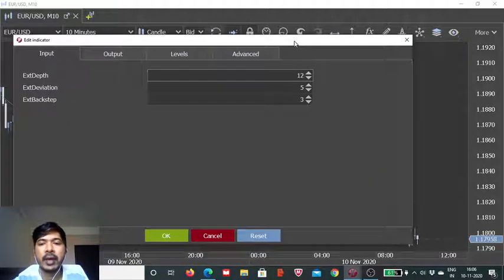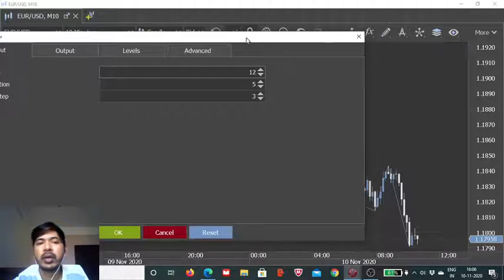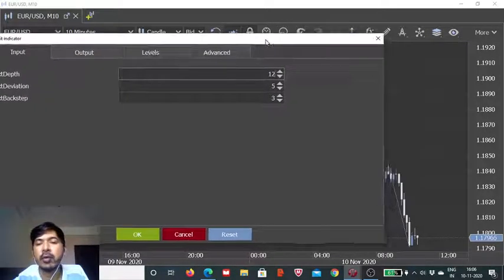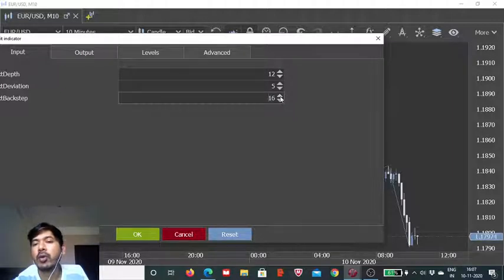Then comes the back step. Usually to keep the fluctuations low, we use this back step, where we retrieve the data back in time, not the current data, and these input parameters can also be customized, and depending on how we customize this, we will have the difference creeping up in the plotting.